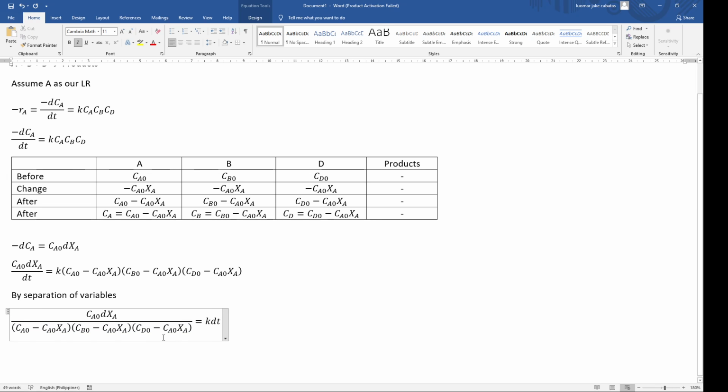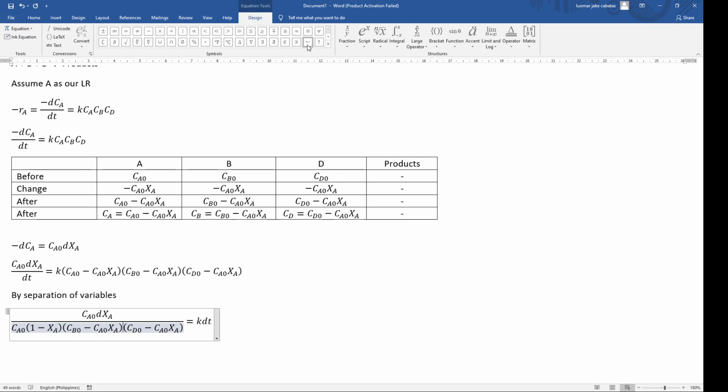So a trick here is we factor out CA0 from this one. And then for each of these terms, we multiply CA0 over CA.